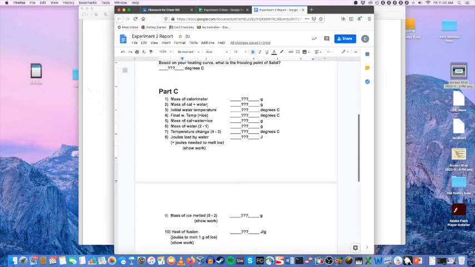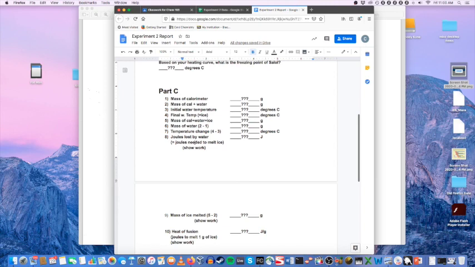Mass of the calorimeter plus water, initial water temperature, final temperature with the ice, final mass with the ice. And then the things that you actually don't know already: mass of water, which is the mass of the calorimeter plus the water minus the calorimeter, which leaves you with just the mass of the water.